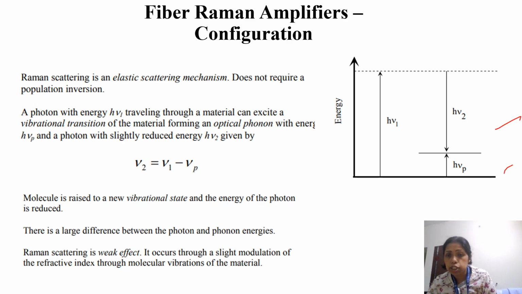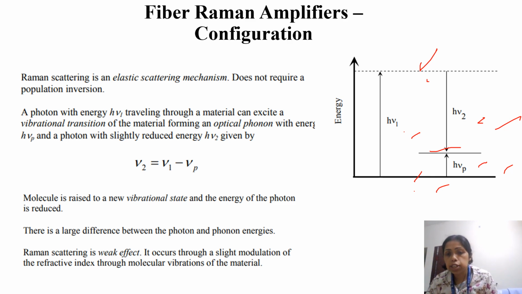this is h nu 1, this is h nu 2, and this is h nu p. H nu 1, this is the incident wavelength, or pump wavelength, we are providing into the device, and it will go from the ground state to an upper state. At the same time you can see some electrons are going from the ground state to a vibrational energy state.